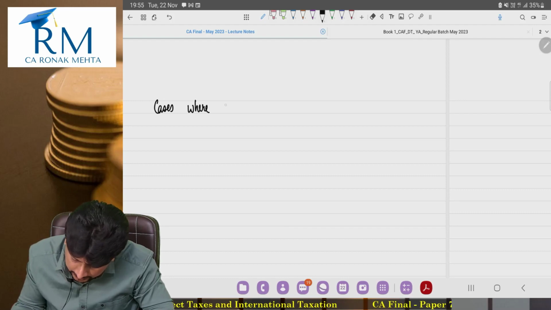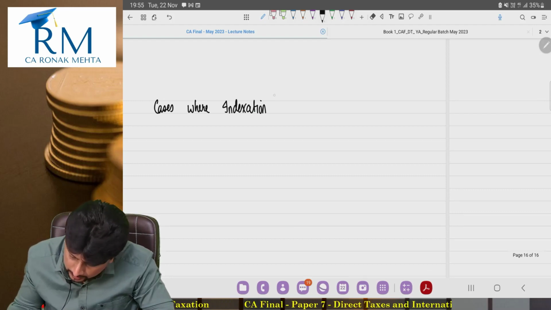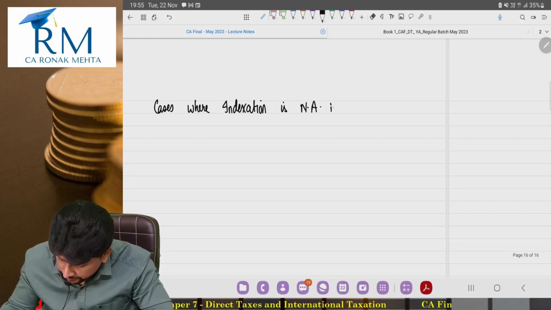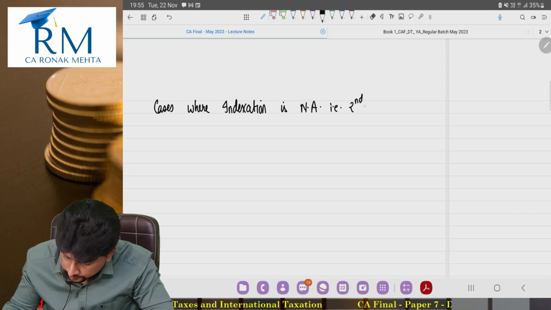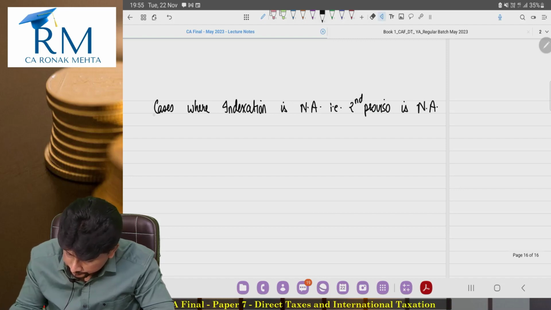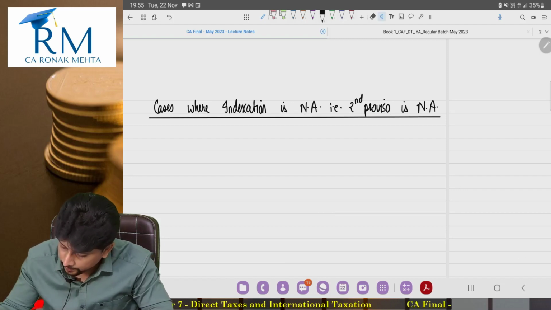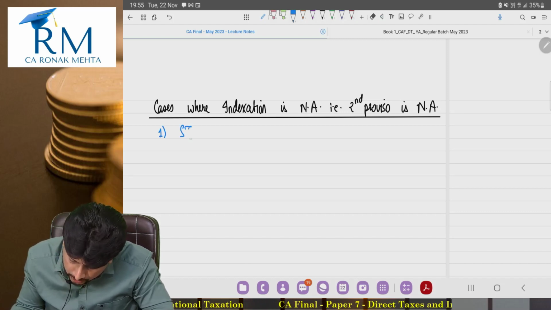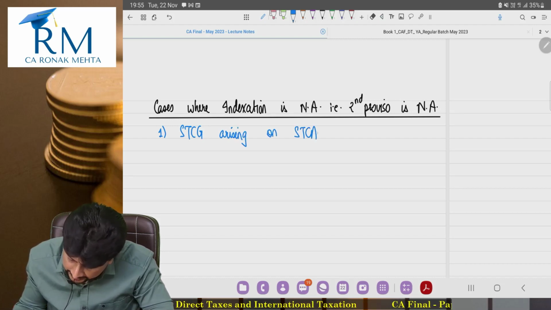Cases where indexation is not available, that is, if I write it in technical words, cases where the second proviso is not applicable. First case, we can easily say that short term capital gain which arises on short term capital assets, but obviously not.